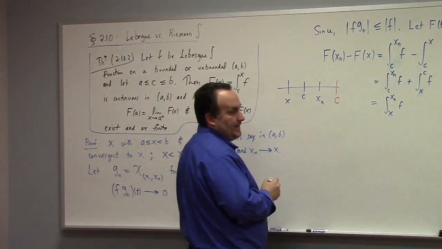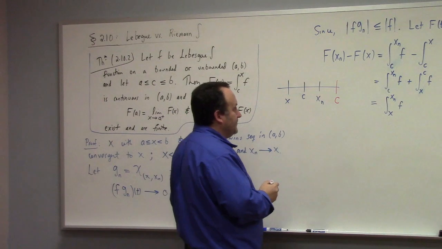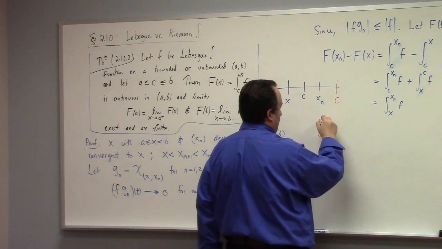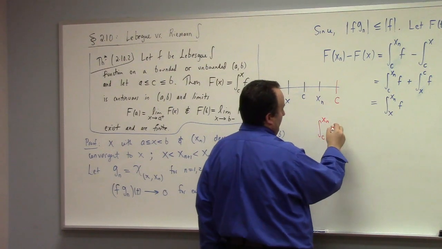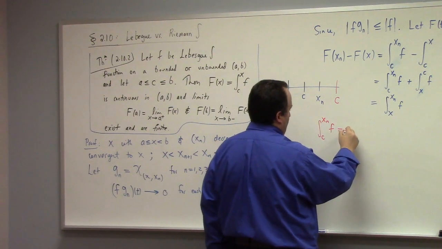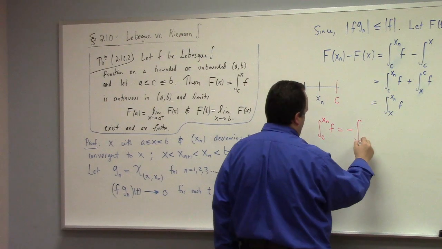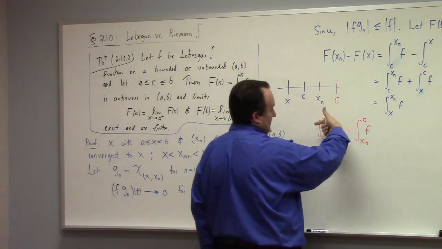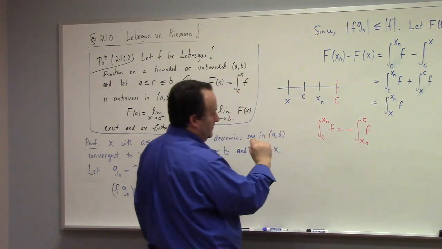If C is over there, then the integral from C to Xn has to be understood as minus the integral from Xn to C, because these are in the wrong order.